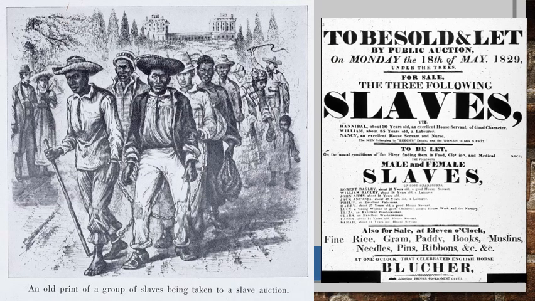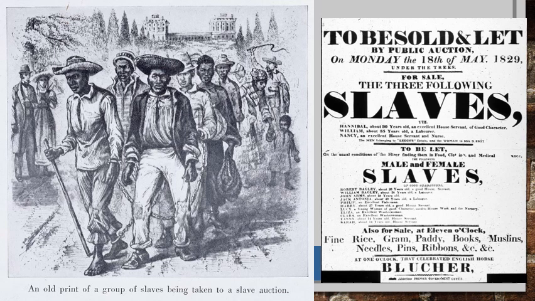Here is a group of slaves being taken to an auction, a coffle as it would be called. They're chained and whipped and being forced to walk down to a sale, probably in Kentucky or Tennessee, and then eventually taken to Alabama, Mississippi, Louisiana, Texas.